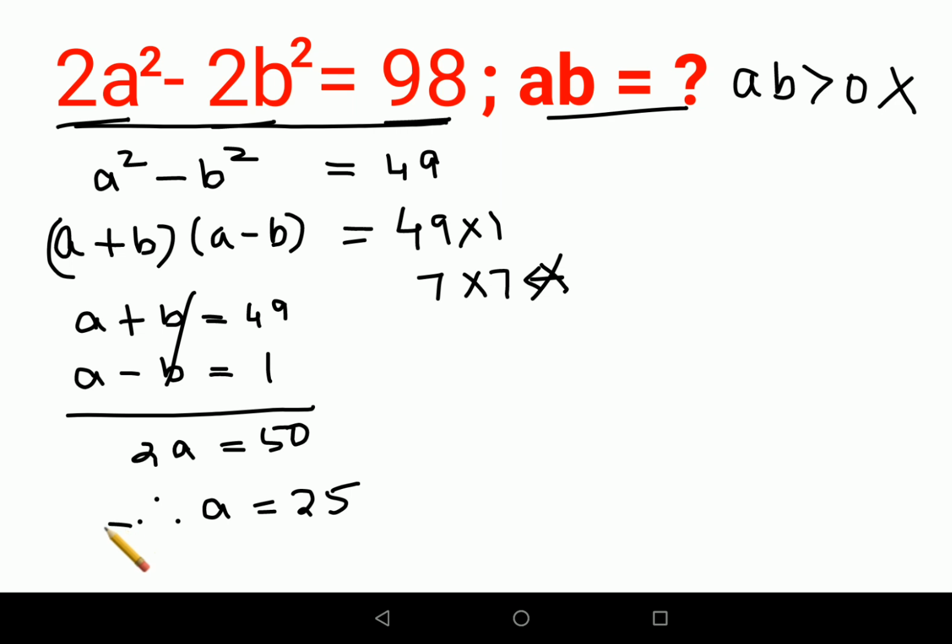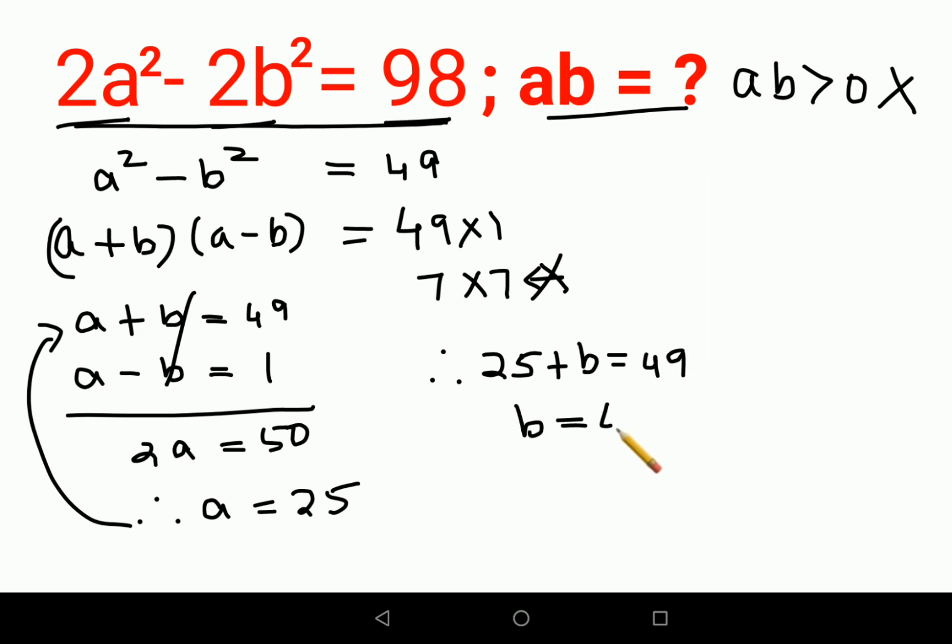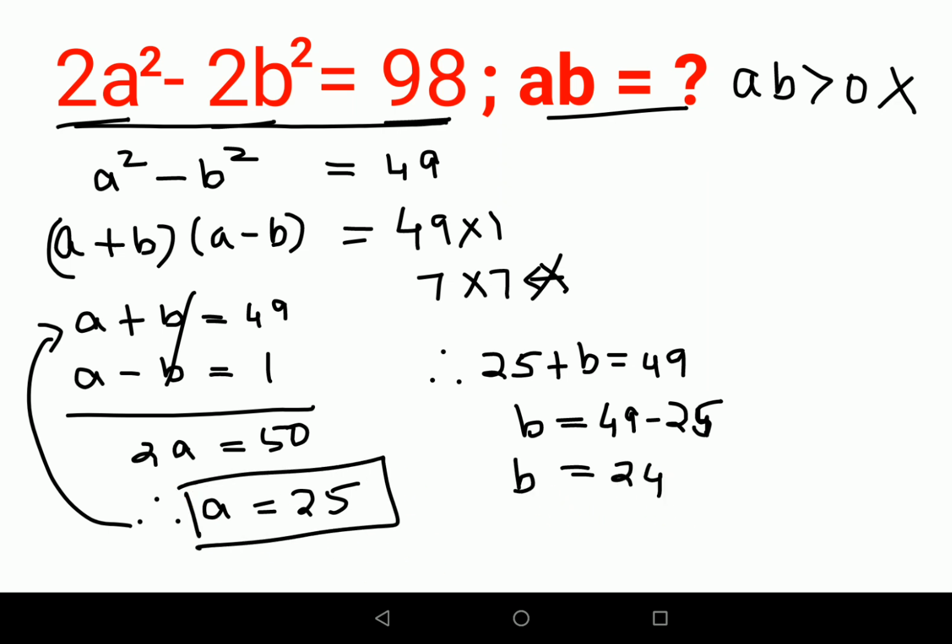And when I put this value over here, I can say therefore 25 + b = 49. So b value will be what? 49 − 25. That comes out to be 24. So we can say that value of a is 25 and value of b is 24.